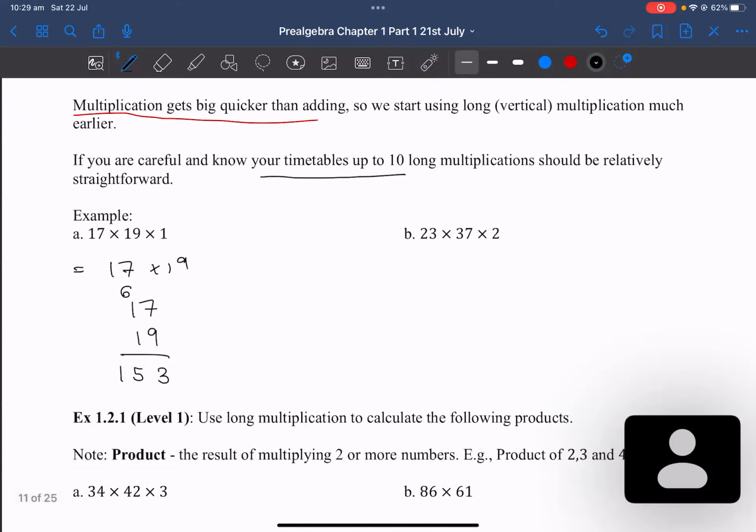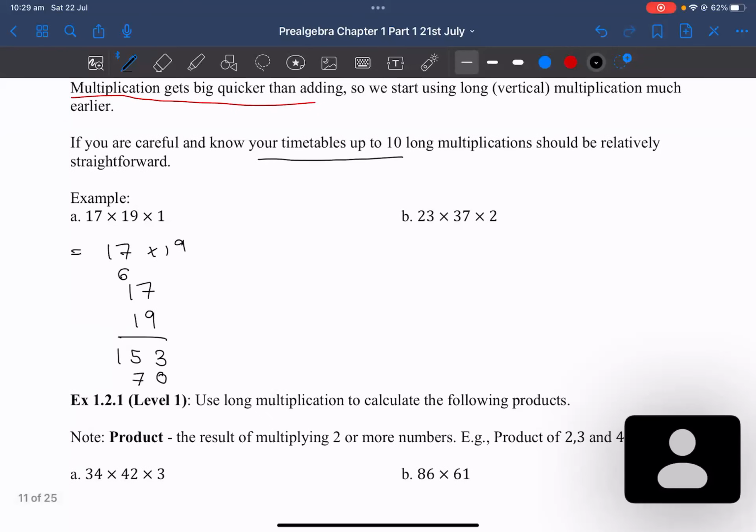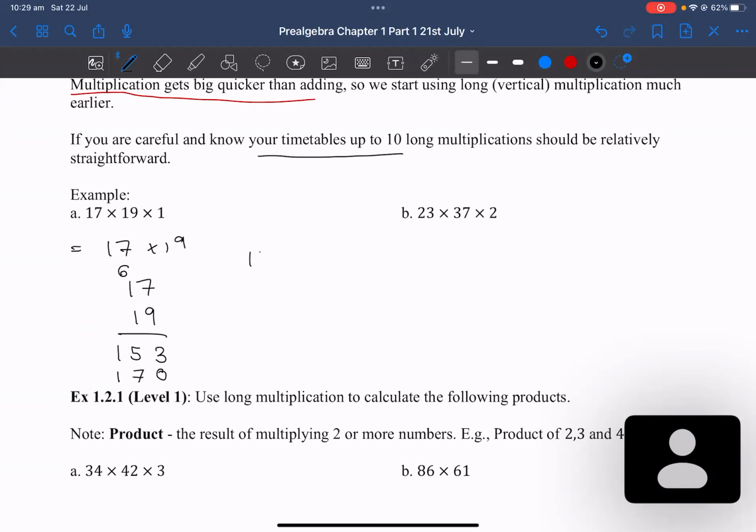Then bring a 0 now because you multiply by 10. Then 1 times 7 is 7, and 1 times 1 is 1. Then you add these together: 323. So it's long multiplication, very similar.